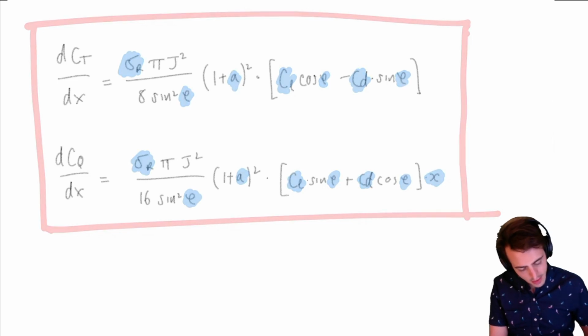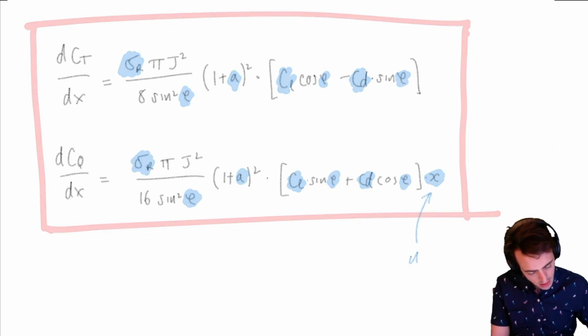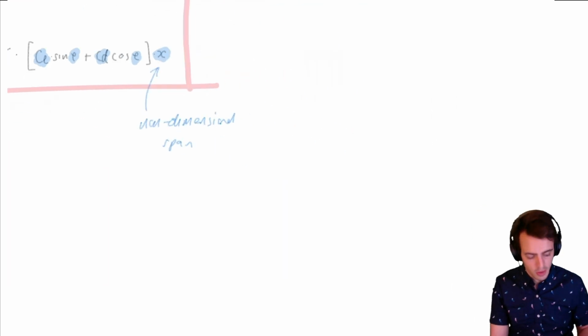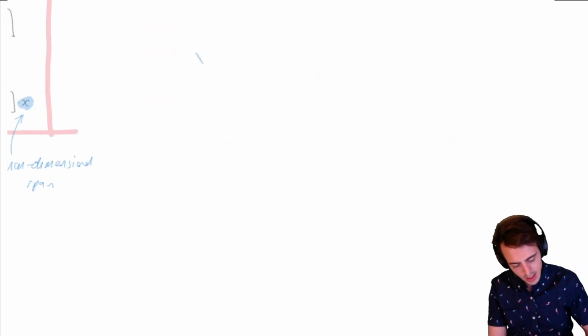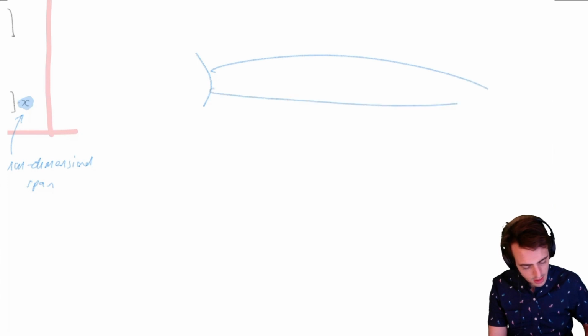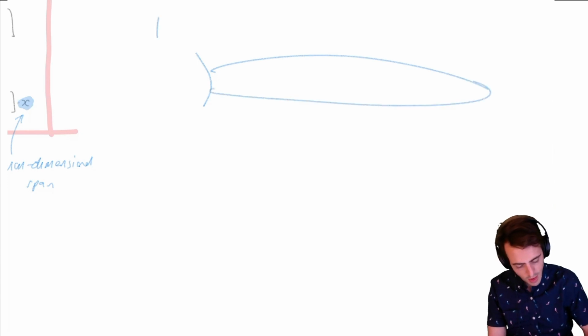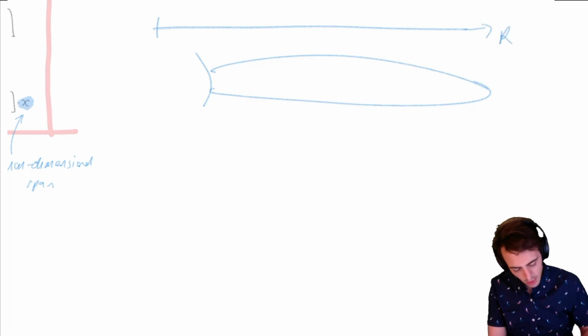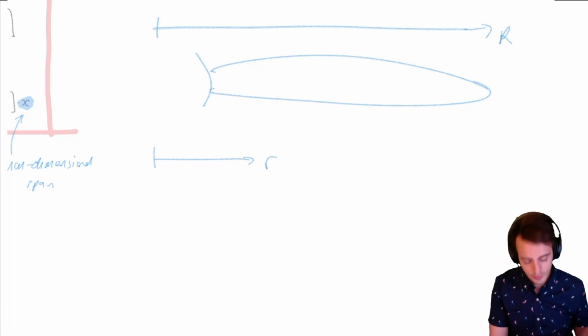So remember, x is our non-dimensional span. If I've got a propeller blade that has some radius defined from the center of rotation, so I've got R is my total radius, and then I've got some displacement lowercase r.